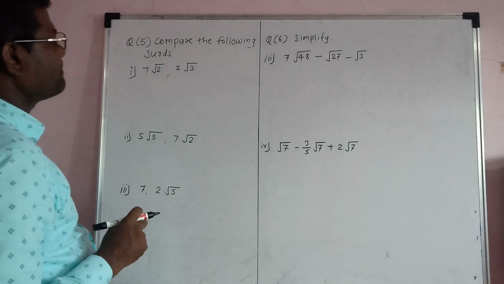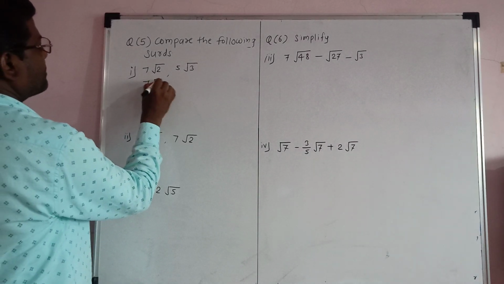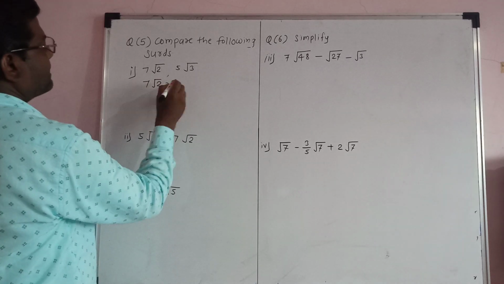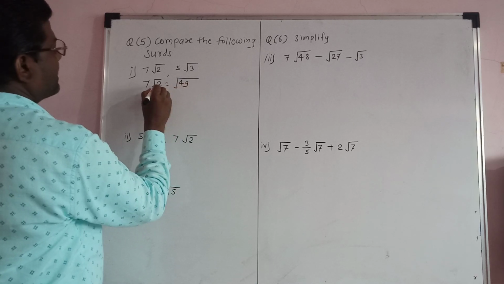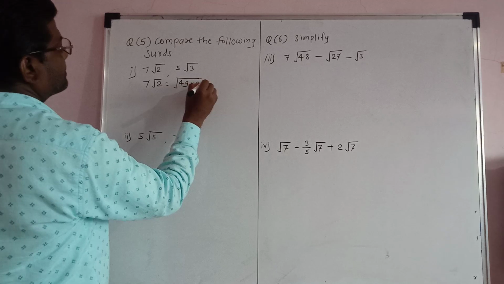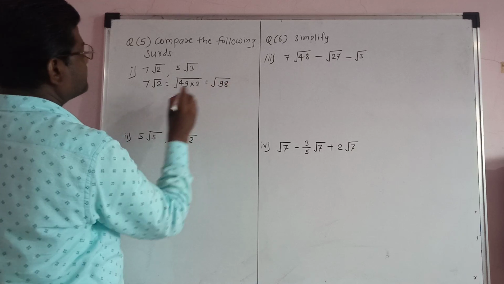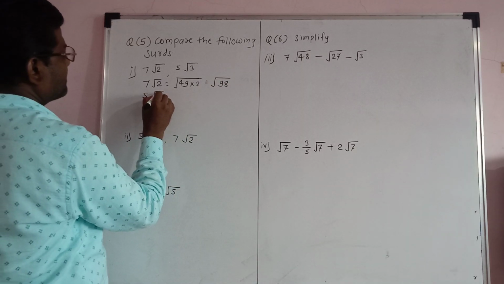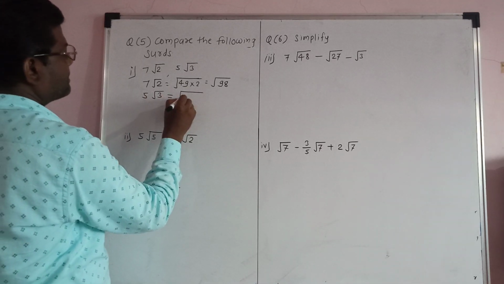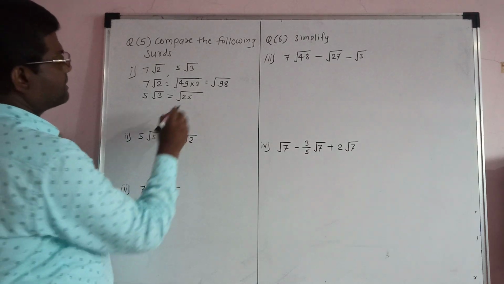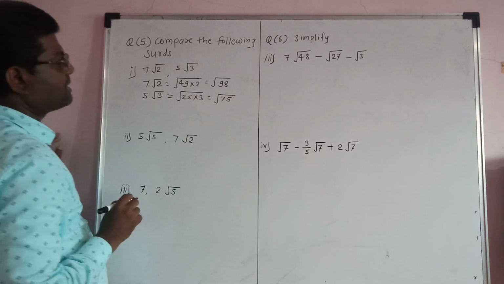Number 5. Compare the following surds. Now the first surd is 7 root 2. So this 7 can be written in square root as 7 square, which is 49, into 2. Square root of 49 into 2 is 98. Now 5 root 3 is equal to 5 square, 25 into 3, which will be 75.